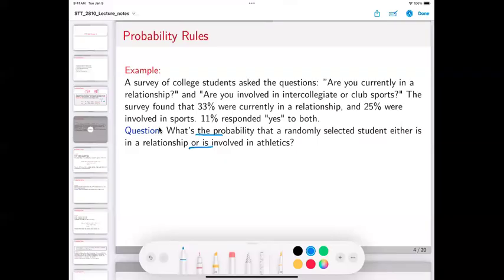So to be able to answer this question, look at how I'm going to answer them. First and foremost, let R equal you being in a relationship. Is that okay? What variable should I use for you involved in sports? S. Do you all agree S? Okay. So S is involved in sports.